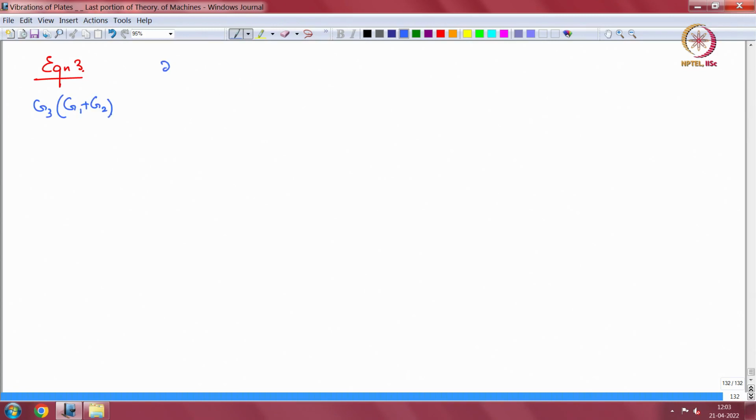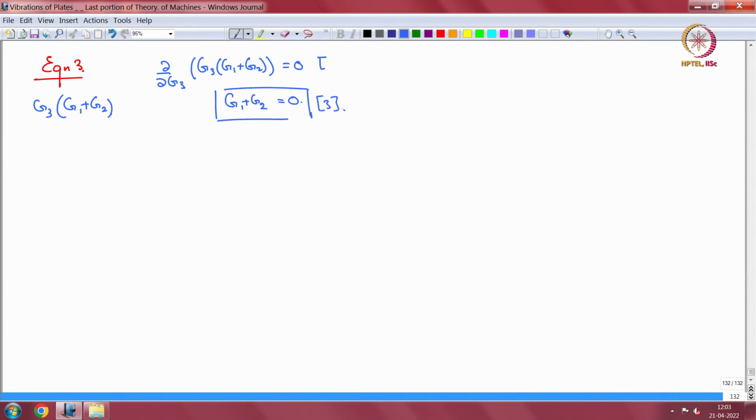So we will have del G3 of G3 into G1 plus G2 equal to 0, which gives me G1 plus G2 equal to 0. That is the third equation. Okay.